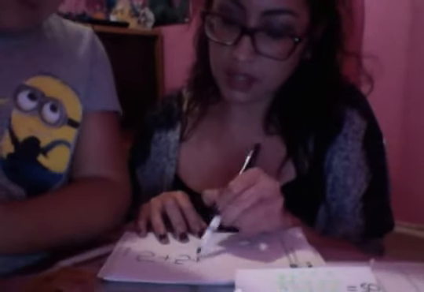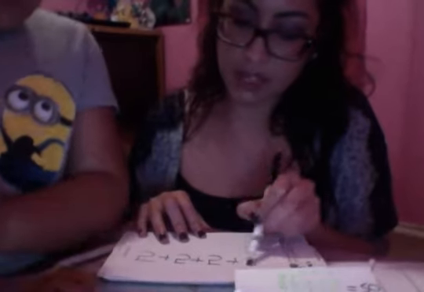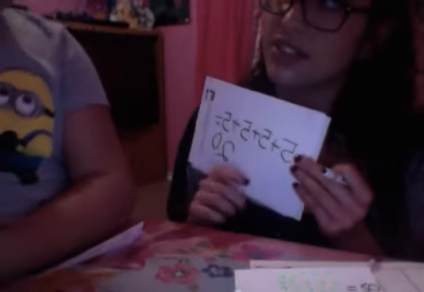So 5 plus 5 plus 5 plus 5 equals 20. 5, 10, 15, 20. Good job. So 5 plus 5 plus 5 plus 5 is another way to do multiplication, and this is known as repeated addition. There you go. Good job.